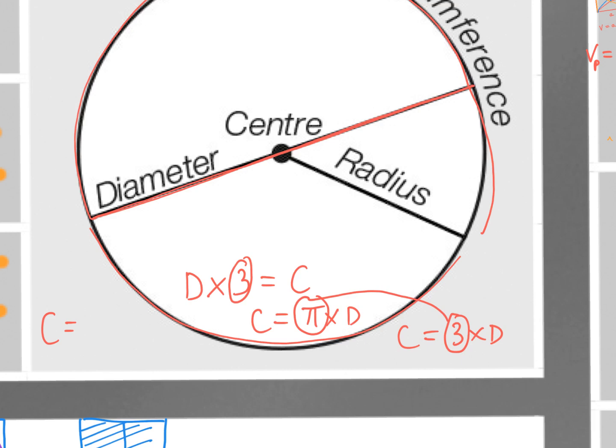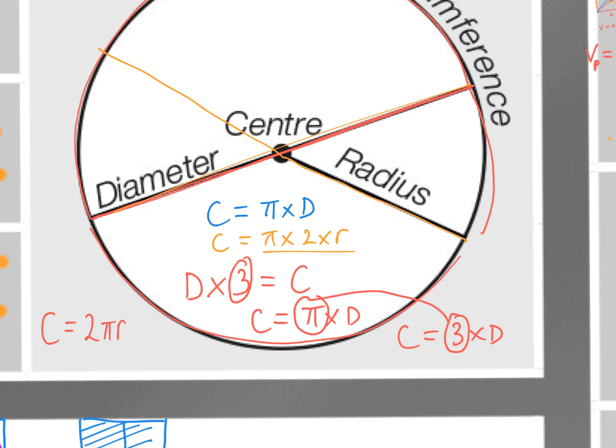Now, that's probably not the most helpful way of remembering it. What I try and say is, if I know from what I've just done that the circumference is roughly 3 times the diameter, i.e. pi times the diameter, I know, and this is where the diagram's really helpful, that 2 of these radii make a diameter. So I can just say c is pi times 2 lots of the radius.